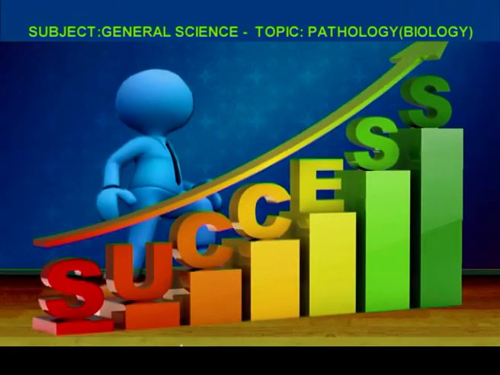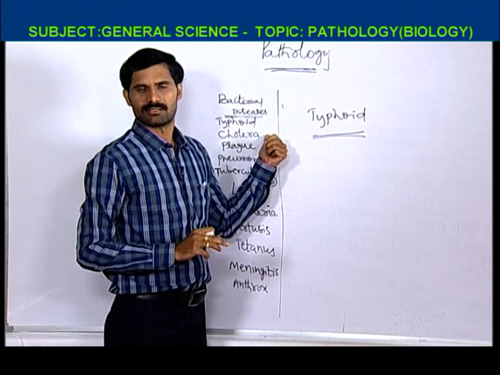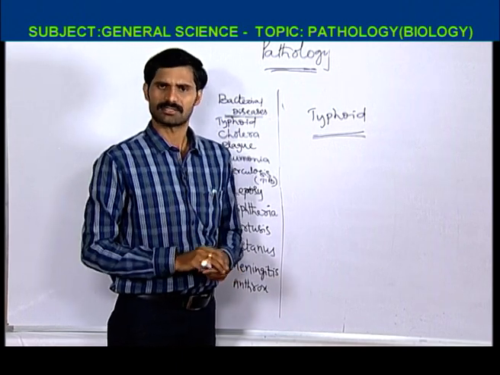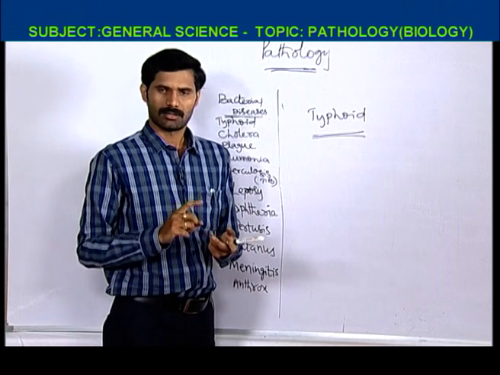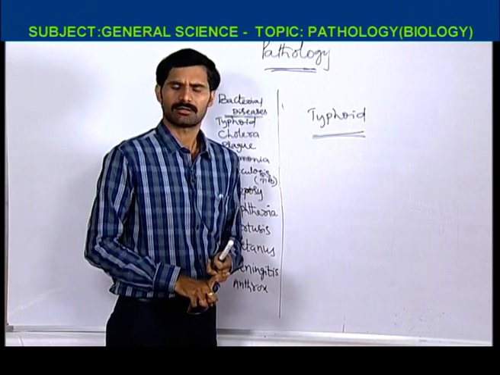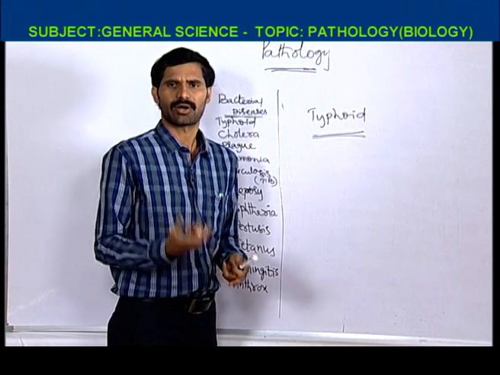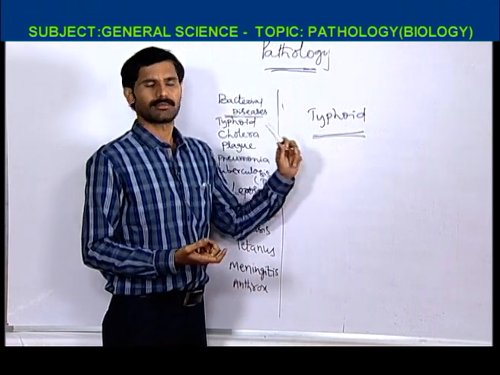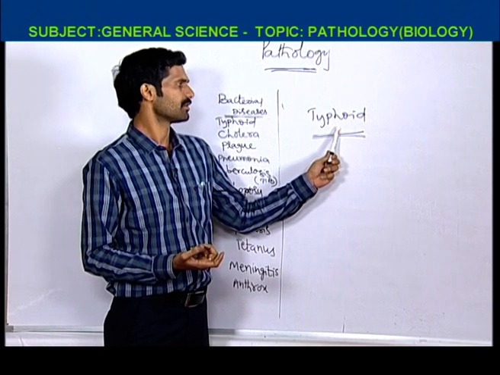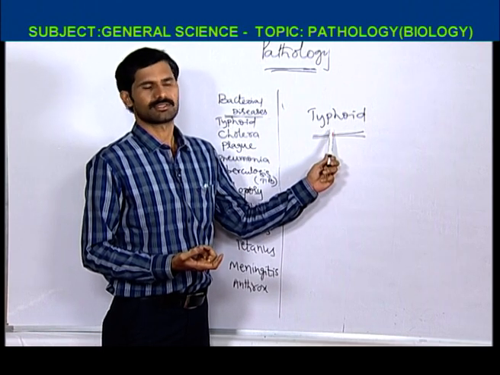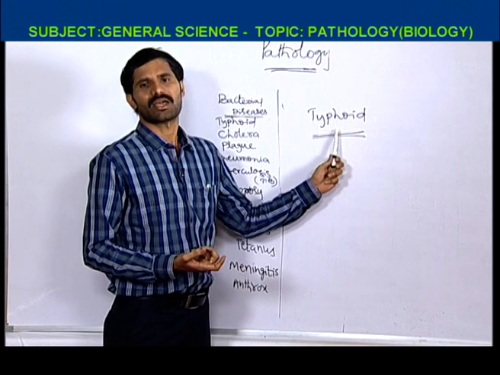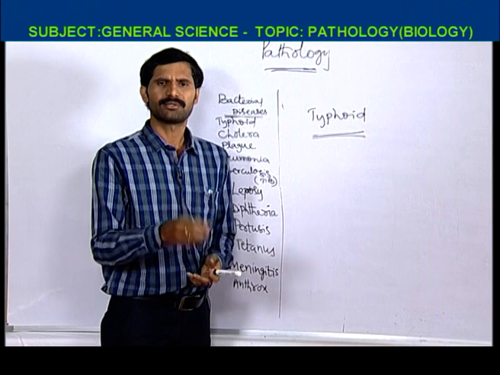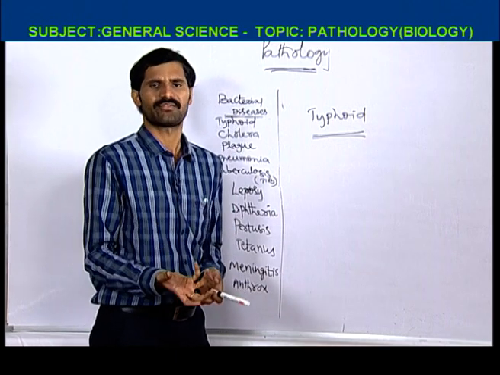Let's see. In any disease, we have to concentrate on 3 important steps, namely the causative organism, that is the pathogen or bacteria name, then the symptoms, special characters, and mode of infection.